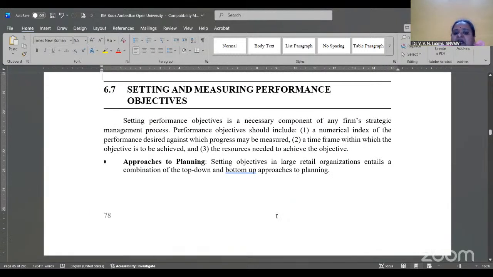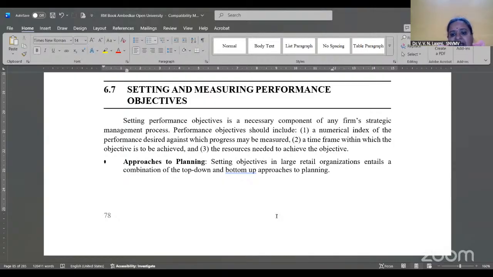Now, to assess the performance of the retailer, the retailer can look at various approaches.